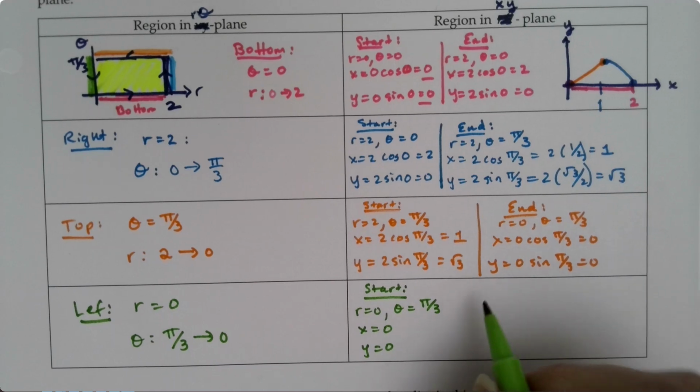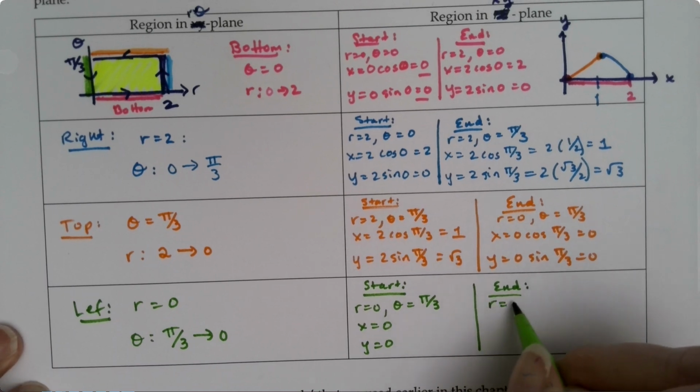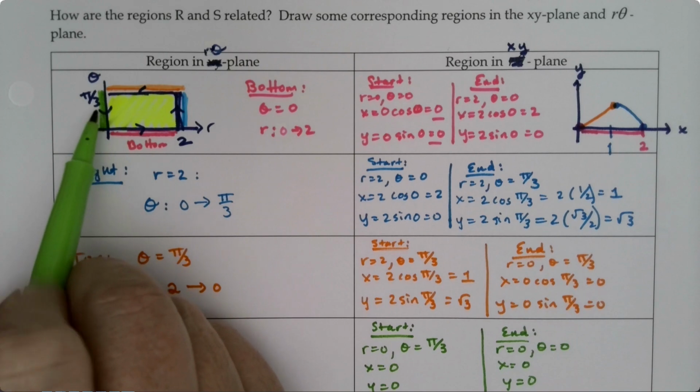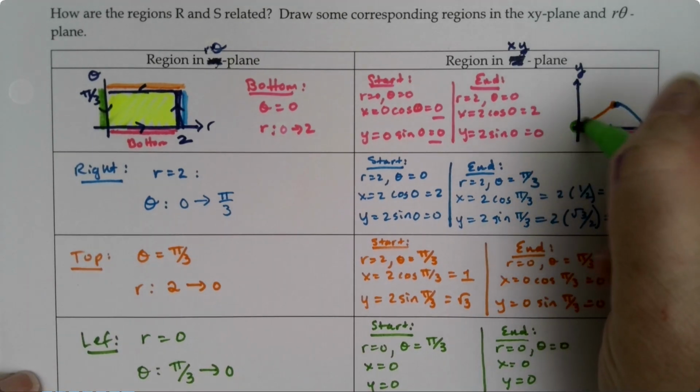And then the end would still be r equals 0 and theta equals 0. But again, that means x equals 0, y equals 0. So that whole side collapses to a point right here at the origin.